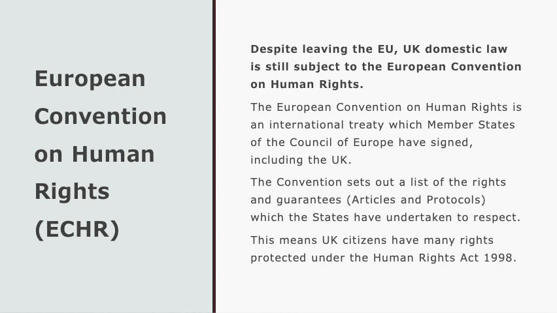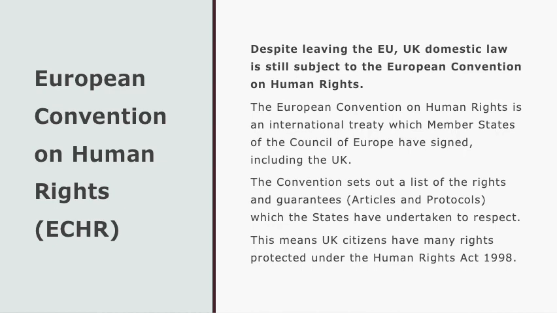So the European Convention on Human Rights is really topical at the moment. It's been in the news quite a lot lately. And what it is, despite leaving the EU, UK domestic law is still subject to the European Convention on Human Rights. And the ECHR is an international treaty which member states of the Council of Europe have signed, including the UK.